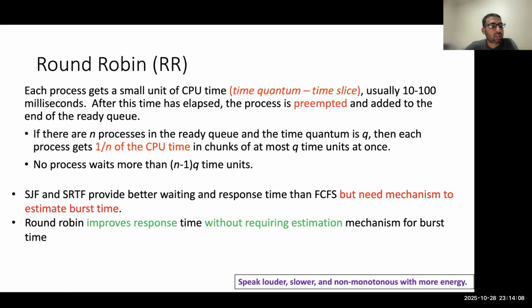Why? Because it is by default assigning a time quantum to every process. So it is not scheduling based on the shortest burst time, but it is scheduling each process for a fixed quantum of time. So it doesn't need the estimate of the next CPU burst time.